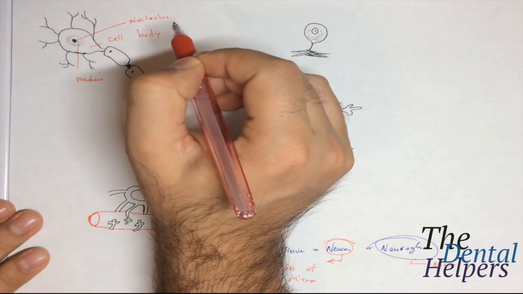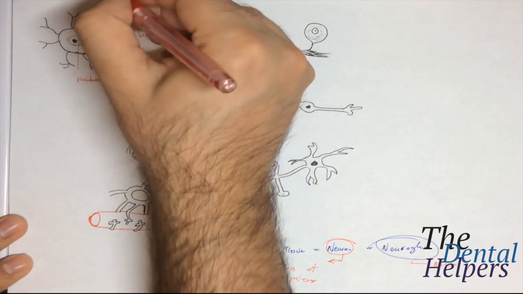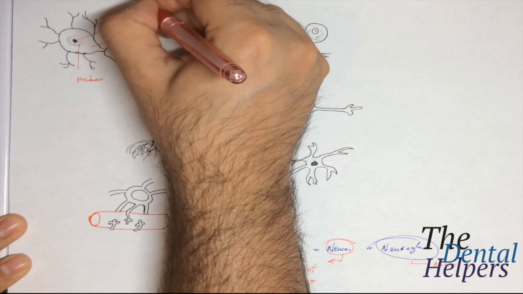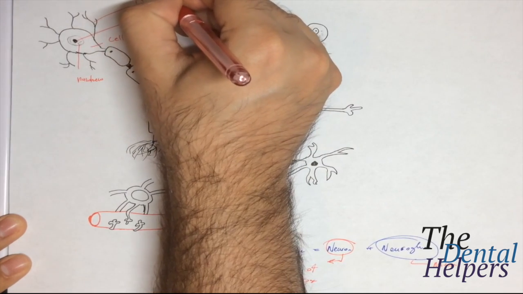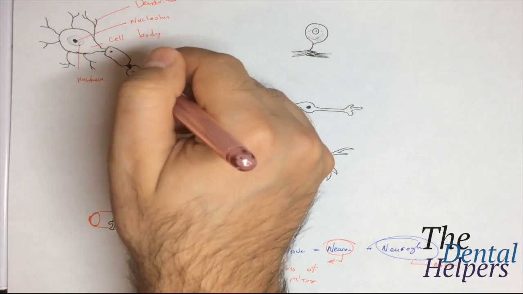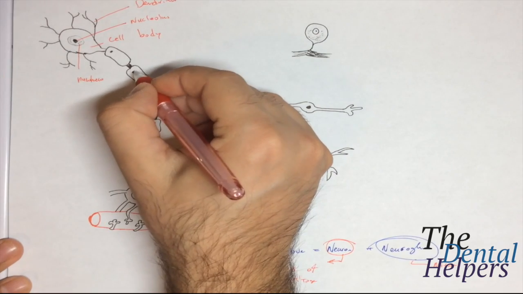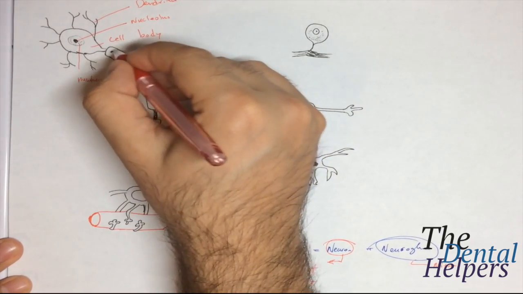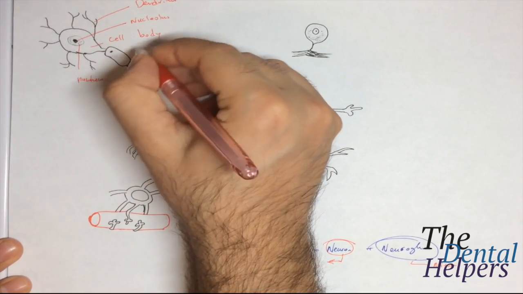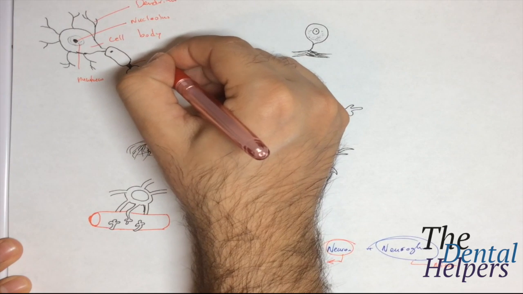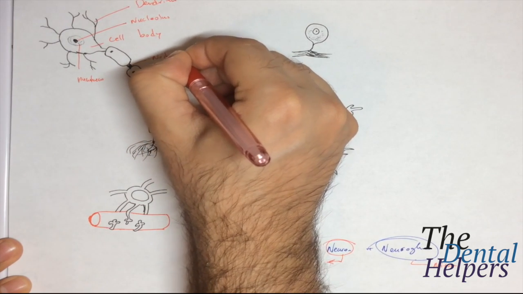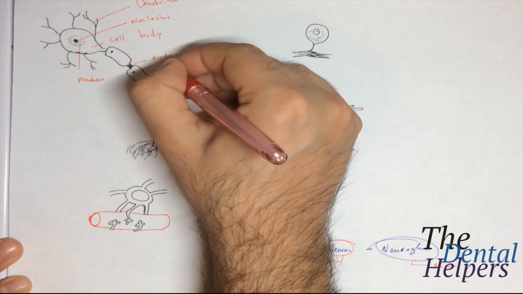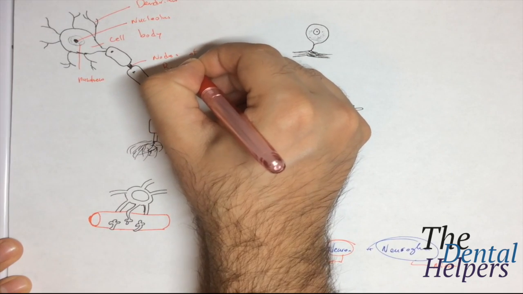Typically you're going to see some ER. These little guys dangling outside are the dendrites. The spaces between these big gaps are the nodes of Ranvier.